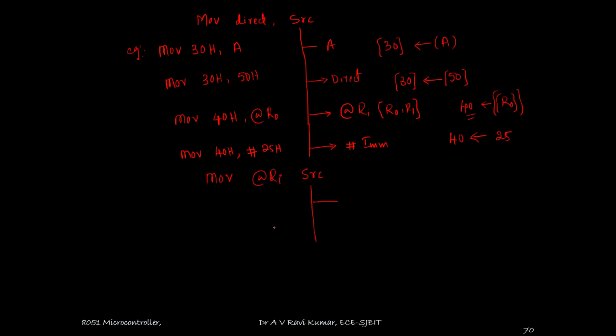And similarly we have the immediate, for example MOV @R0, #45H. The value 45H is copied into the address pointed to by R0. So it is indirect addressing mode. And similarly we can have the accumulator register, like MOV @R1, A. The accumulator content is transferred indirectly to the location pointed to by R1.